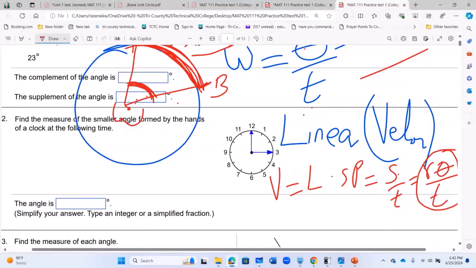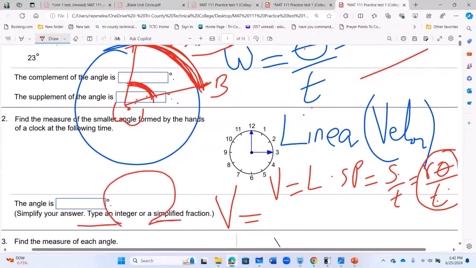And then you can rewrite the formula this way. Notice that theta over t is omega. Omega is actually a Greek letter. I know you know the capital letter omega. If you don't know, that's fine. This is the capital letter omega.